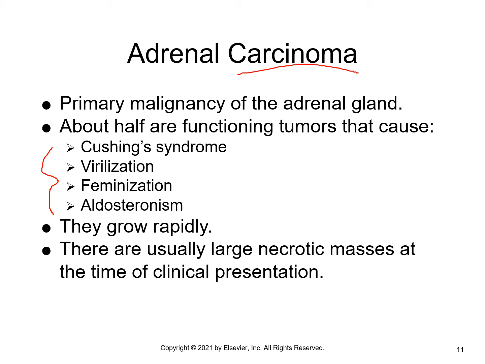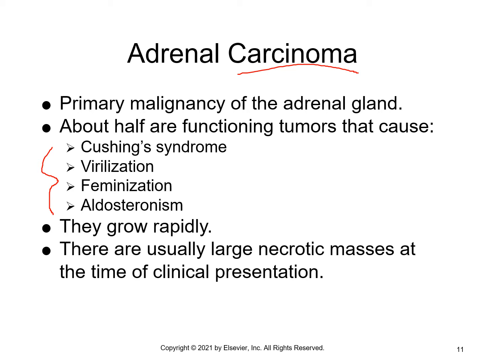It would cause breast development in the male patient, change in emotion, loss of facial hair, softer skin, things like that. And then aldosteronism, which we talked about, could affect the blood pressure by affecting what was resorbed at the kidney nephron level back into circulation, changing the blood volume and effectively changing the blood pressure.